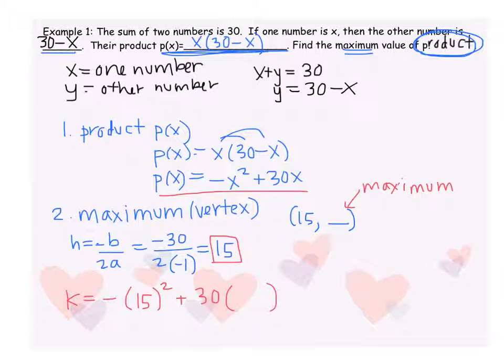So that's 15. So we'll do that, and we'll get 225. So that's our y value, or our maximum. So to answer this question, the maximum value of the product is 225.